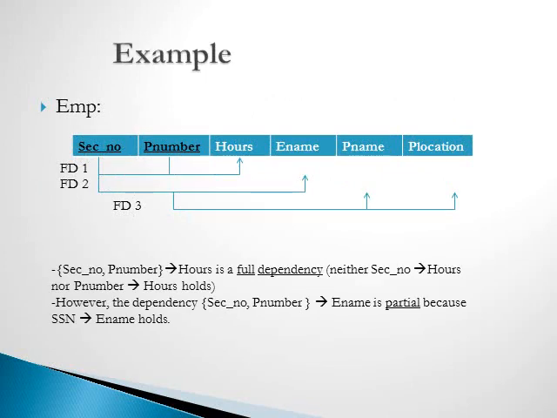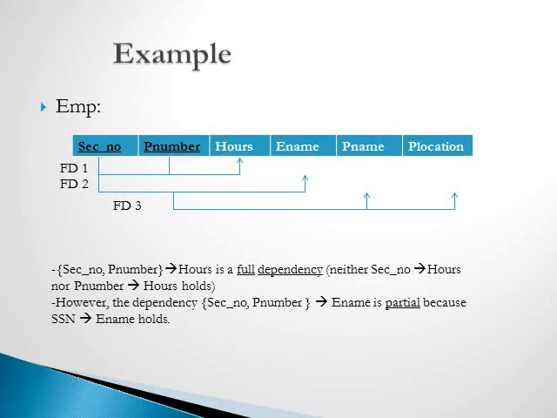Example. According to the definition of 2NF, a relation schema R is in 2NF if every non-prime attribute in this relation, the non-prime attributes being ename, pname, plocation, is fully functionally dependent on the candidate key. In this relation, the candidate key is social security number and P number.